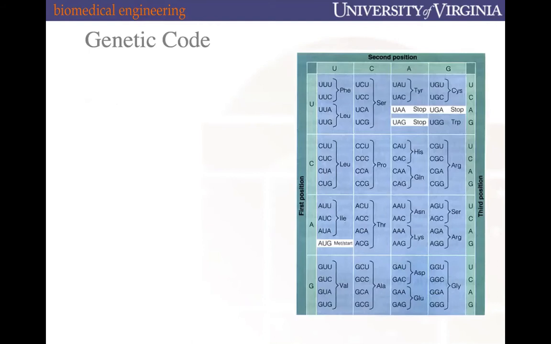So to now pivot and try and understand translation, what's important to note is that we've talked about the genetic code from the context of DNA and how that can lead to mRNA transcripts. And now what's important to note is that there are specific mRNA sequences that correspond to specific amino acids.